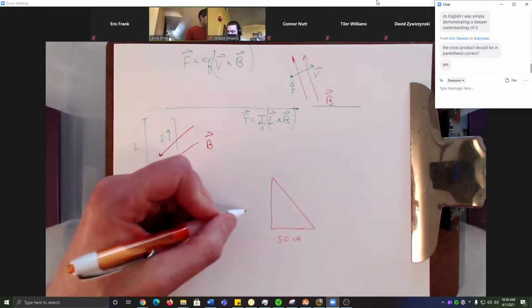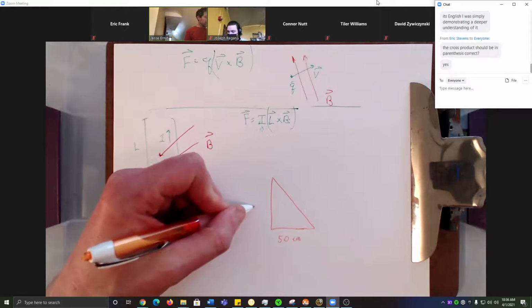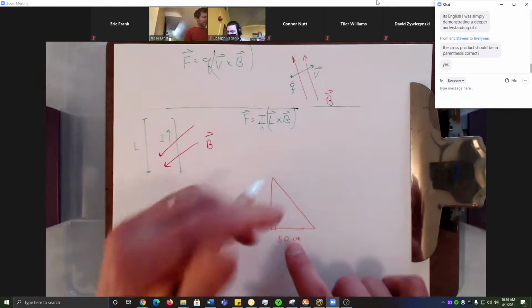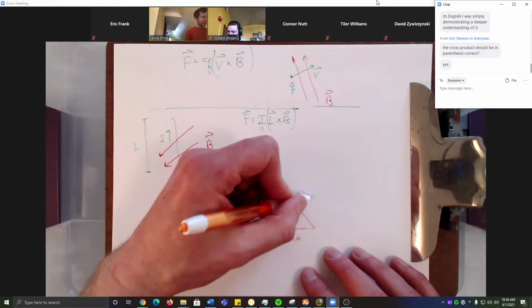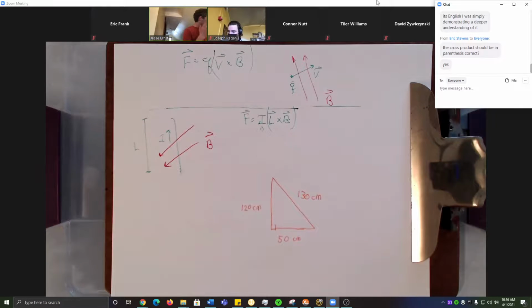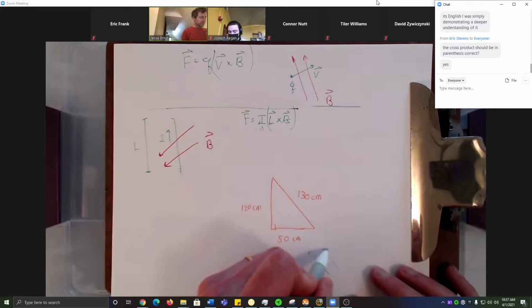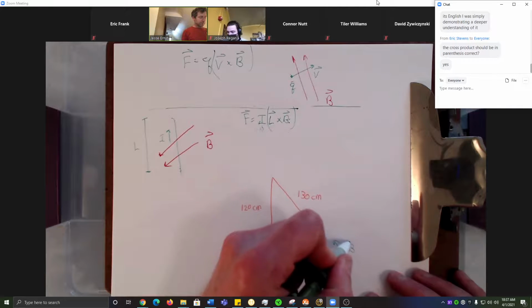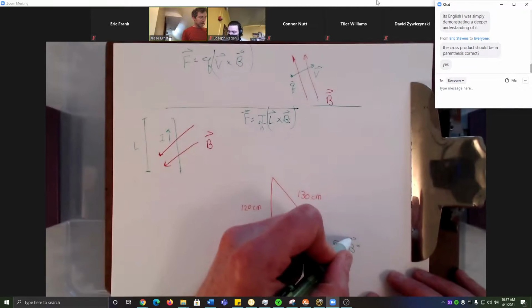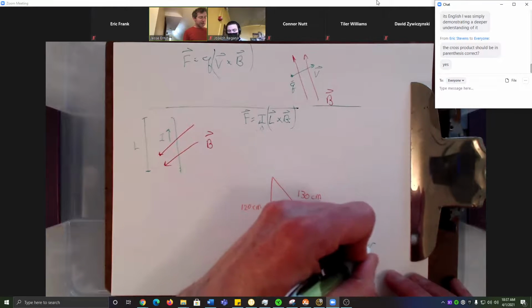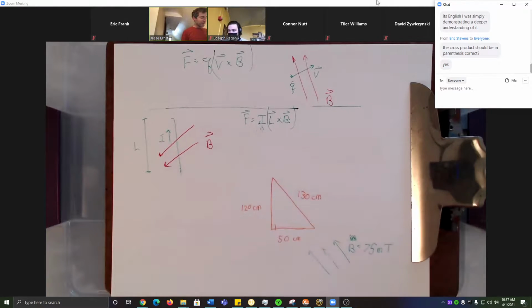This length is 120 centimeters. And assuming that's a right triangle, that forces this to be 130 centimeters. Then let's assume that there's a B field coming in, with a magnitude of 75 millitesla, 75 times 10 to the minus 3 Tesla.